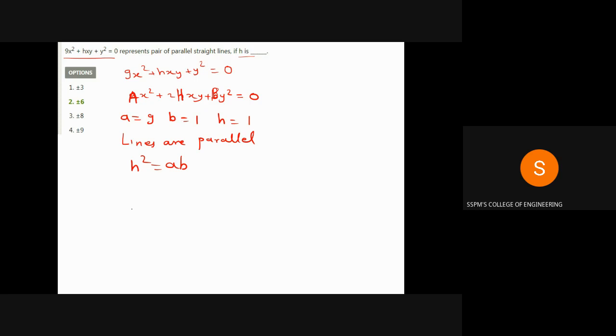What is 2Hxy? 2H is equal to h, that is capital H is equal to h by 2. Since the lines are parallel, therefore H square is equal to AB. Remember this, when lines are parallel, H square is equal to AB.